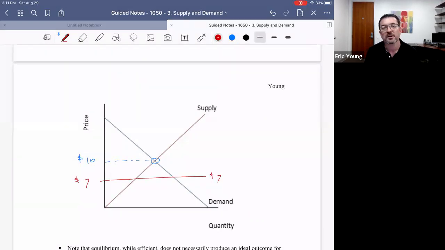At an artificially or excessively low price, the quantity supplied will be very low because low prices tell sellers to sell less. But at this low price, the quantity demanded will be very high because buyers love low prices. So when we're not at equilibrium, we're going to have a condition where, in this case, the quantity demanded exceeds the quantity supplied. That's going to be our shortage.